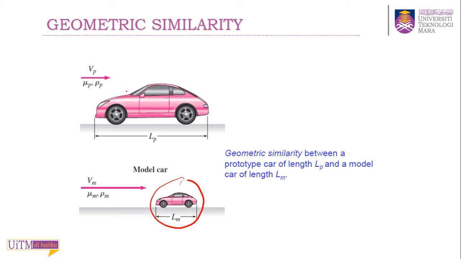So that's geometric similarity. And you have the kinematic similarity, which is the velocity. The velocity of this car must be proportional to your prototype. Okay, and the last one is dynamic similarity.